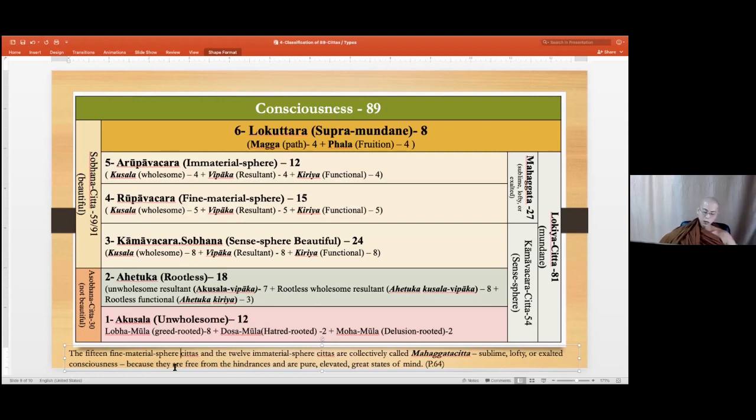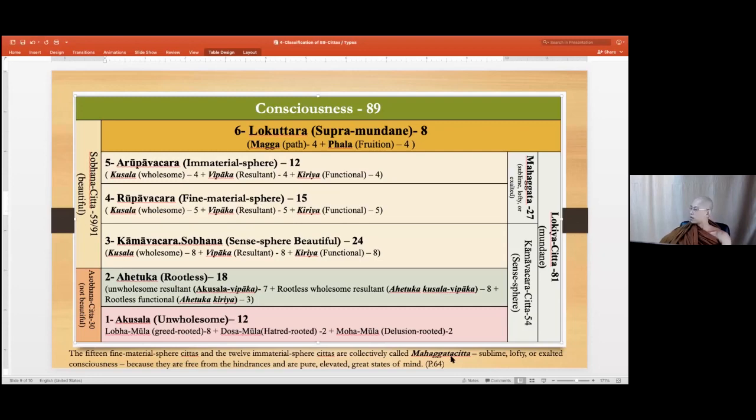Through the practice of concentration meditation, or samatha meditation, the meditator suppresses the hindrances, and then attains the Rupavacara, the absorption state of concentration, which is known as jhana. So Rupavacara jhana and Arupavacara jhana are called Mahaggata Citta, sublime consciousness.